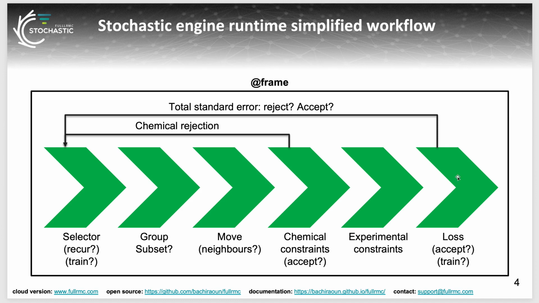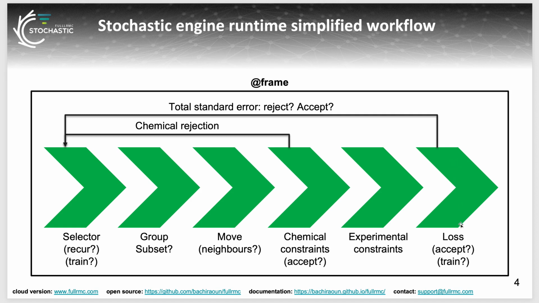Then the last step is computing the loss function. There is a plethora of losses implemented in fullrmc. Some of them are machine learning enabled that will be trained during runtime, and some of them, actually all of them, can allow loss function warping. We will talk more about this in the coming slides as well.